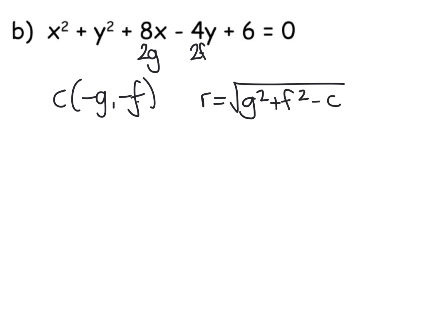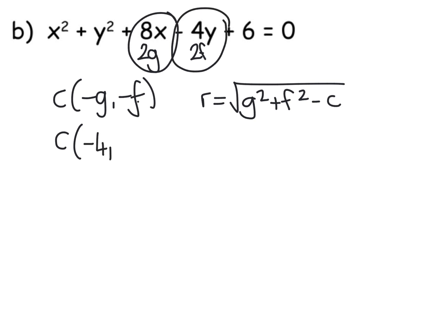And we're going to try and do this one without actually having to do the wee equations and work out what 2g etc. is. So my centre is, if you equate these two bits, g is obviously the number 4. We need the negative of that, so negative 4. If you equate these two, f is negative 2 because there's a negative in front of the 4. We need the opposite sign of that, so it becomes 2. So half it changes sign, we also get to there as well.